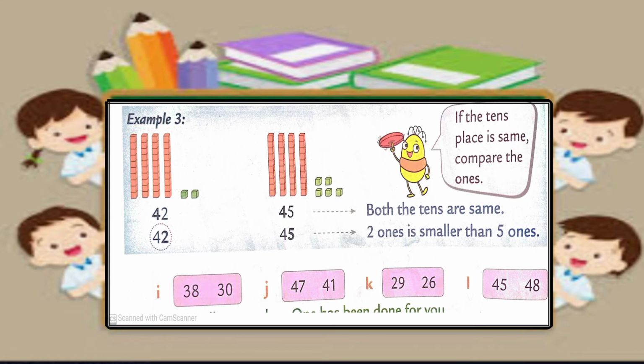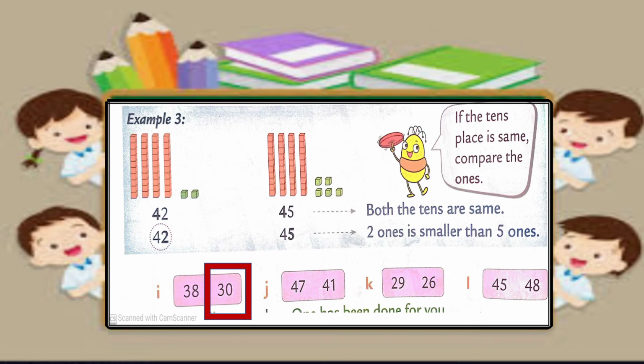Write down number I, 38 and 30. So here both the ones places are the same. Tens places are different. So write number 30 as the smaller number. 30 is the smaller number.